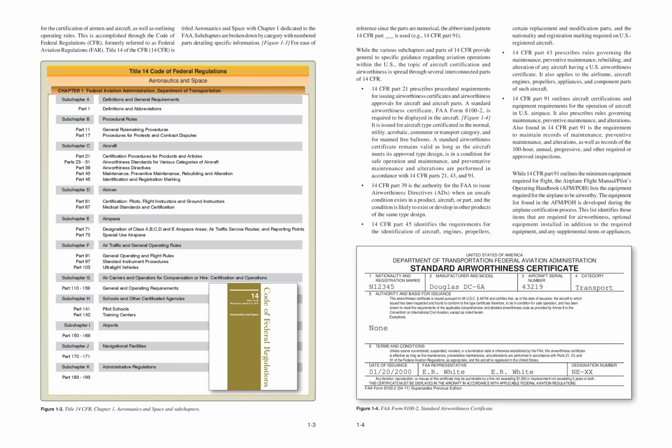6 Terms and Conditions. Unless sooner surrendered, suspended, revoked, or a termination date is otherwise established by the FAA, this airworthiness certificate is effective as long as the maintenance, preventative maintenance, and alterations are performed in accordance with Parts 21, 43, and 91 of the Federal Aviation Regulations, as appropriate, and the aircraft is registered in the United States.